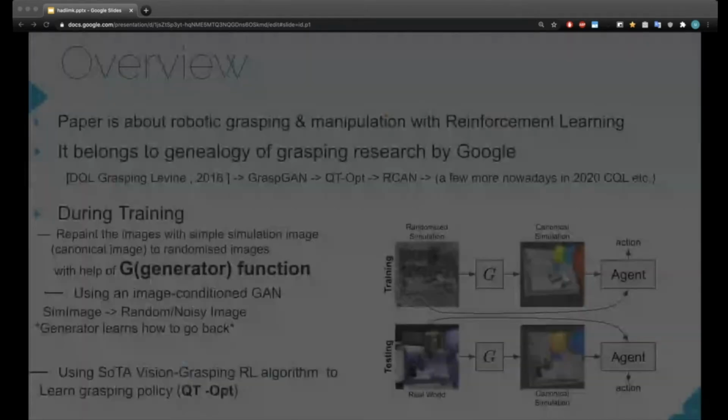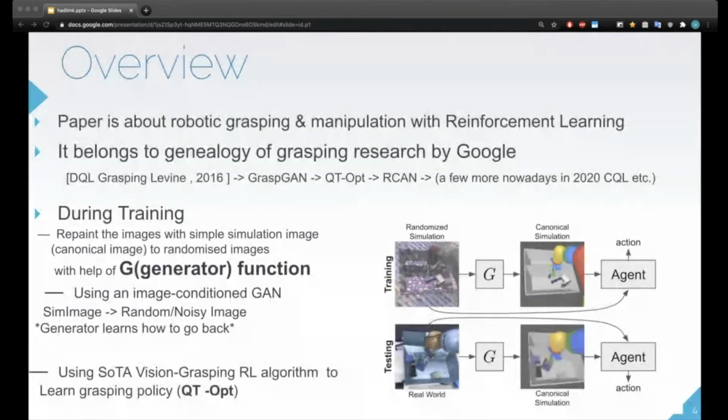Let's talk about what the paper itself is all about. It's trying to solve the long-standing problem of robotic grasping and manipulation, and it tries a reinforcement learning approach to the problem. Beside this, there is a genealogy of grasping research by Google, and it starts in 2016 with Sergey Levine's grasping paper, and these are all the minds that brought us to this paper.